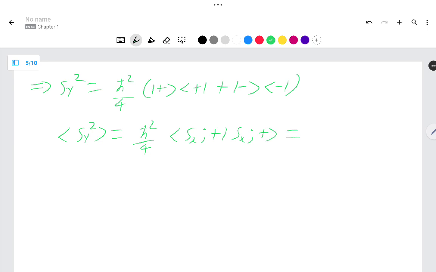So the uncertainty delta Sy squared equals Sy square minus the expectation of Sy whole square, which equals h squared by 4.